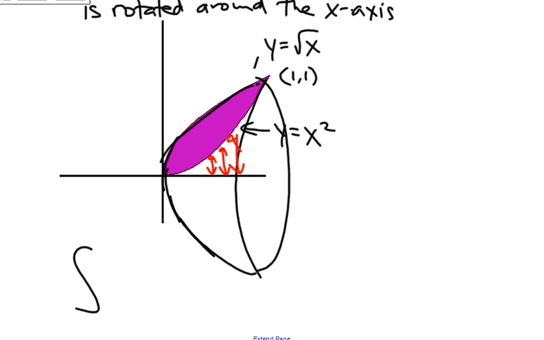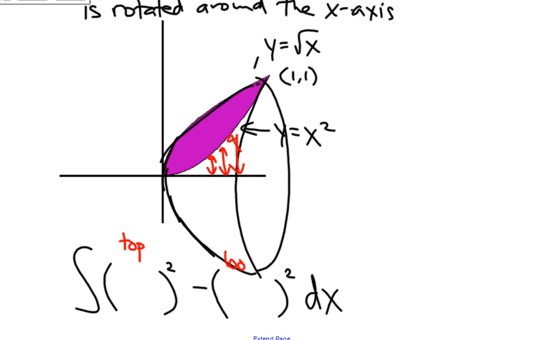And so that means I find the big radius and the little radius. And it's dx because I'm going around the x-axis. And so what I've got to find here is what is the top of the shaded region and what is the bottom. The top of the shaded region is y equals the square root of x.